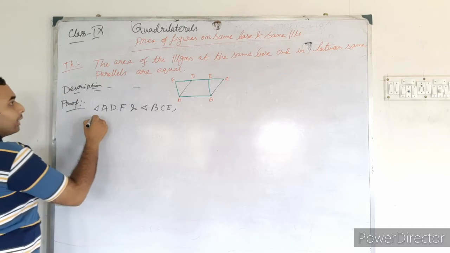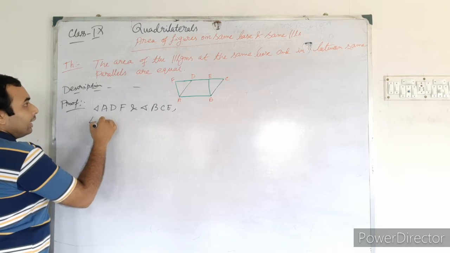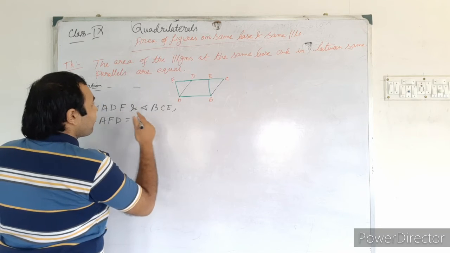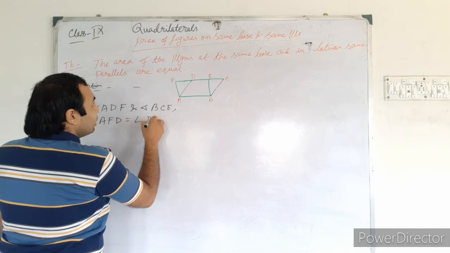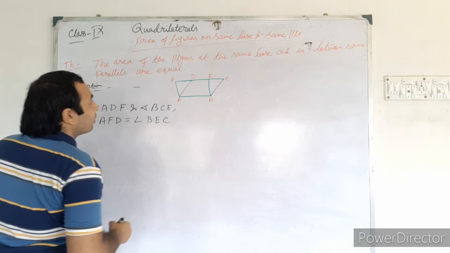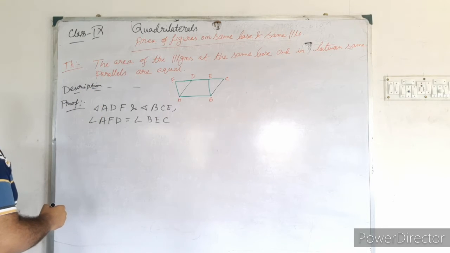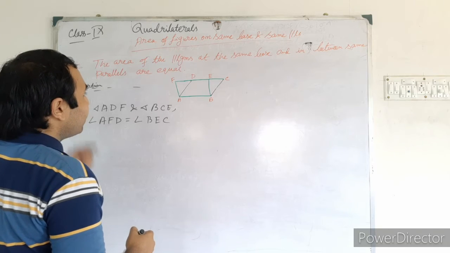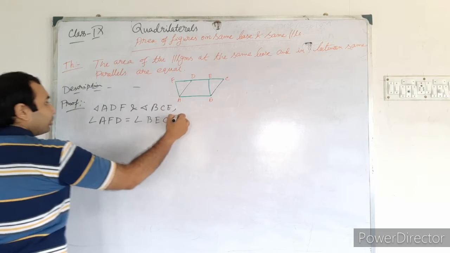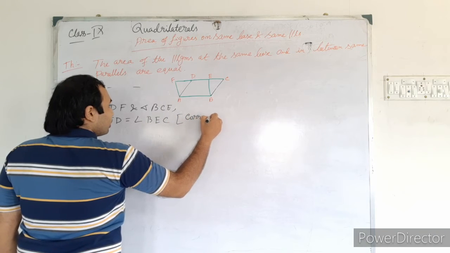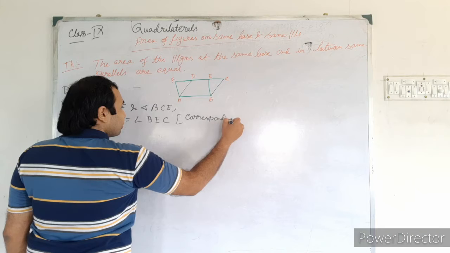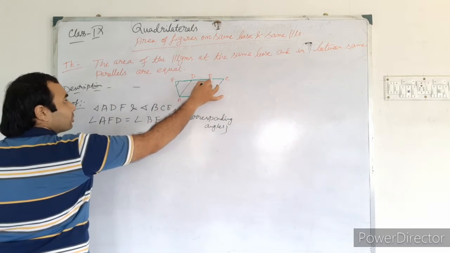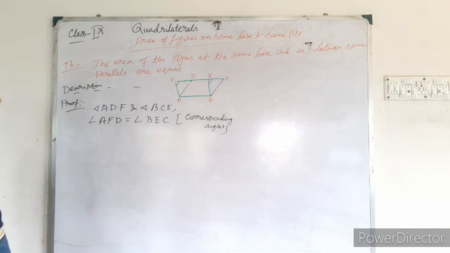Angle AFD is equal to angle BEC; those are corresponding angles. This angle is equal to this angle because those two are parallel lines.